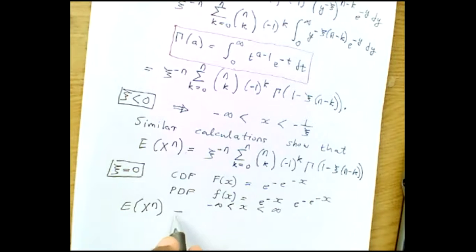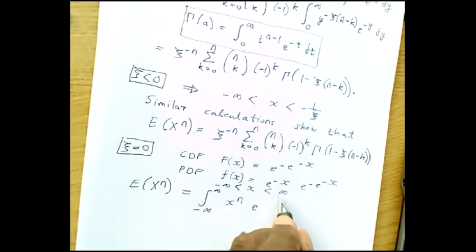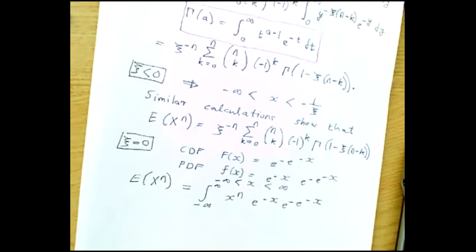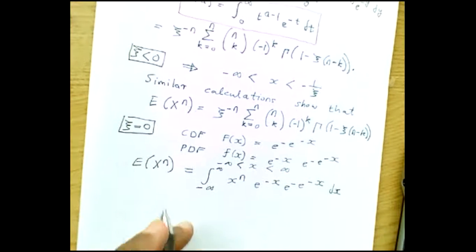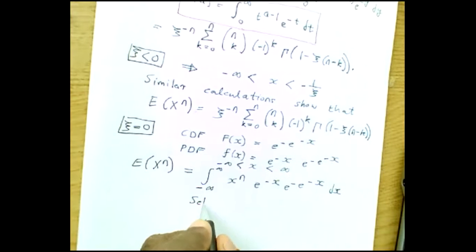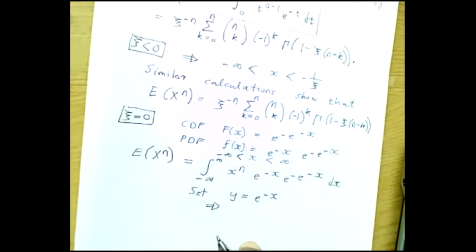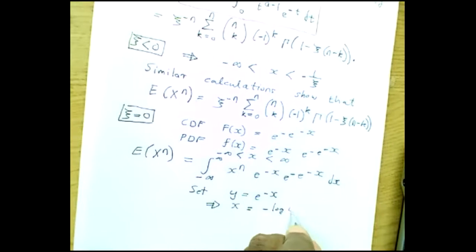All right. So to find the nth moment, we need to integrate from minus infinity to plus infinity of this multiplied by the density, which is this. Okay. And in this case, the obvious substitution is to make y equal to this, right? So x is equal to minus log of y.